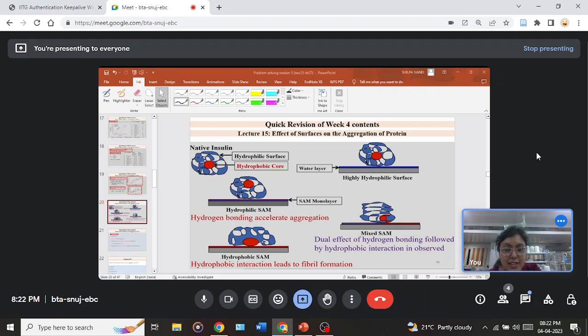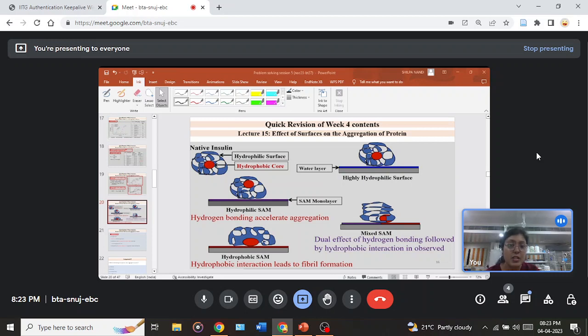In the last figure you can see a hydrophobic SAM, that is a hydrophobic self-assembled monolayer. There will be hydrophobic interaction between the hydrophobic core of the native protein and the hydrophobic surface, and this will lead to fibril formation or aggregation.